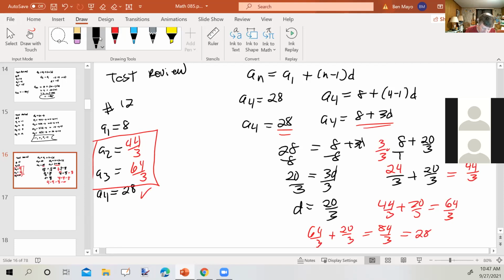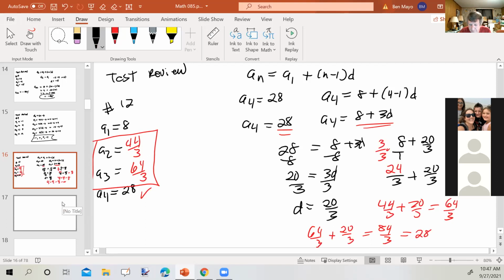Mr. Mayo, what's the easiest way to put that into WebAssign? Because putting in fractions in there sometimes doesn't turn out the right way. Are you putting in fractions or mixed numbers? Not mixed numbers.